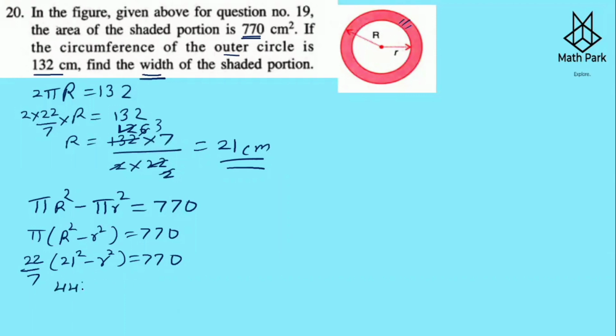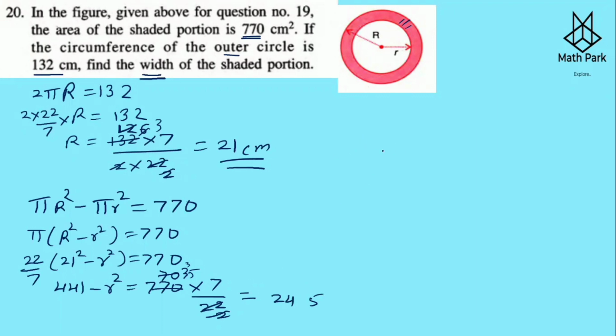So let us take this 22 by 7 here. 21 square is 441 minus r square is equal to 770 into 7 upon 22. 11 sevens are 77, so 770 divided by 22 is 35. 35 times 7: 7 fives are 35, 3 carry, 7 threes are 21 plus 3, 24, so 245.